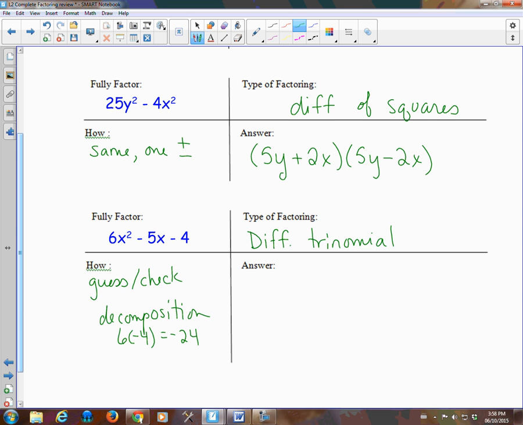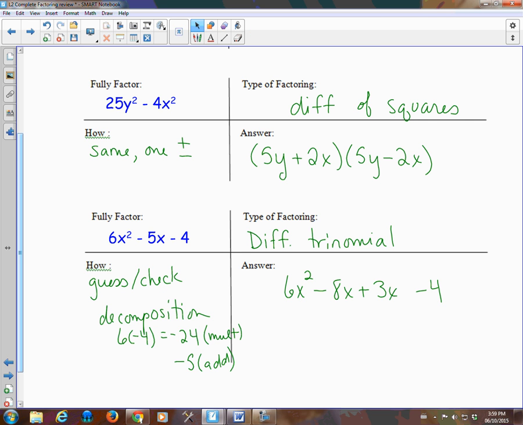It's negative 24. So I want two numbers that multiply to negative 24 and add up to the middle, negative 5. So I keep my first term, I keep my end term, and I decompose the middle term. So I would say that negative 8 plus 3 will multiply to negative 24 and add up to negative 5. So negative 8x plus 3x.